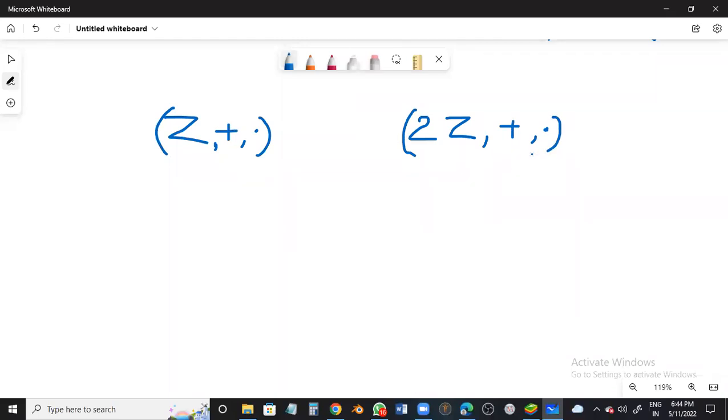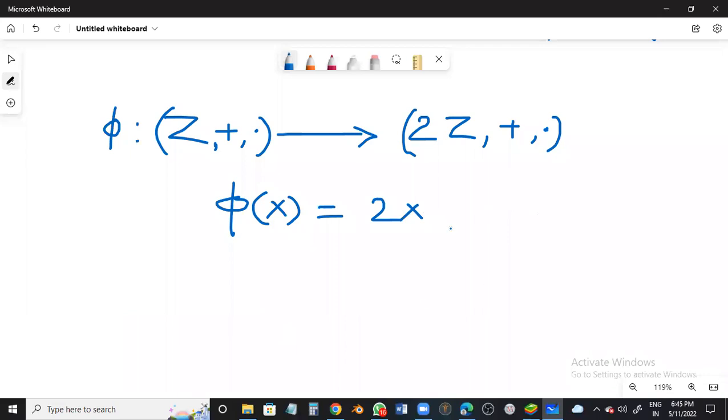So these two satisfy all the axioms for a ring. I have to define a function from Z to 2Z. Very natural is to double the integer: if I take any x, its output will be twice x.